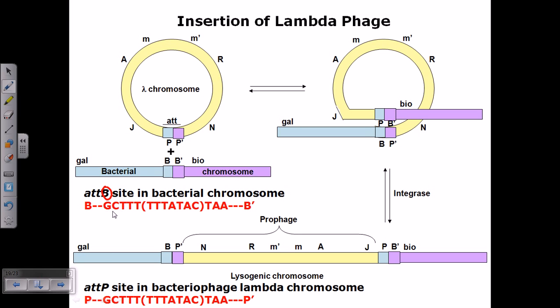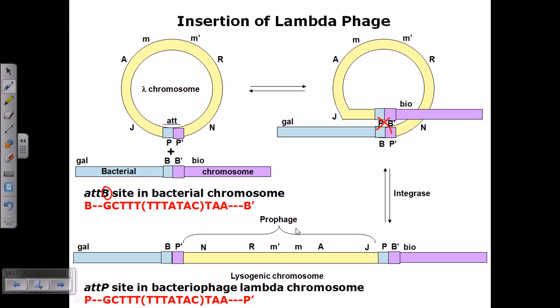In the attPB we have this kind of sequence. We can see it's the same stretch of sequence in both cases, in the bacteria as well as the virus. So they have the same type of structure. So a recombination event is very much possible between this lambda chromosome and the bacterial chromosome. So here it goes. It is attached via this BB with PP, a kind of recombination.